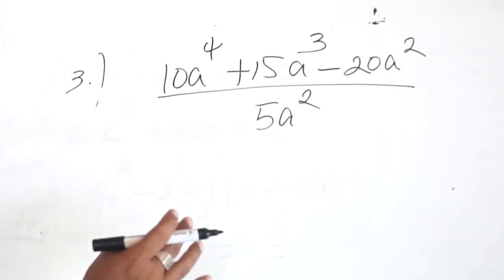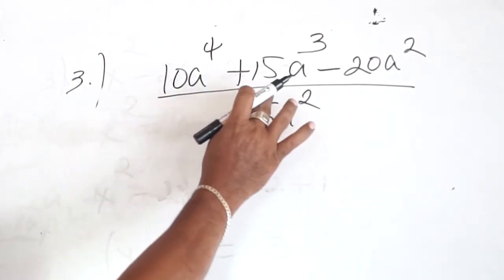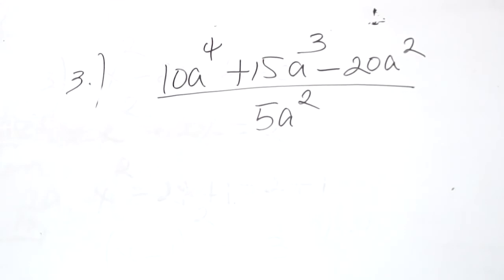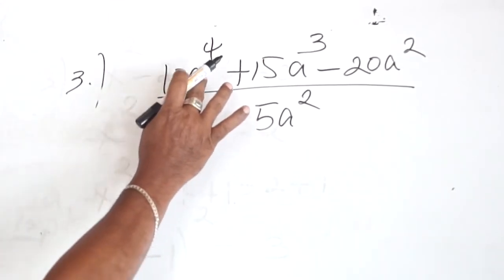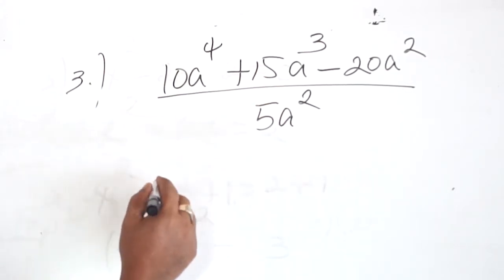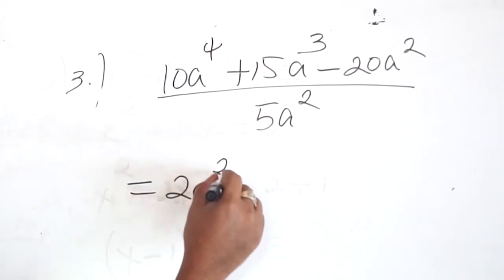Okay, example number 3. 10a to the 4th power, positive 15a cubed, negative 20a squared, divided by 5a squared. Then solve. 10a to the 4th power divided by 5a squared. So the quotient is 2a squared.